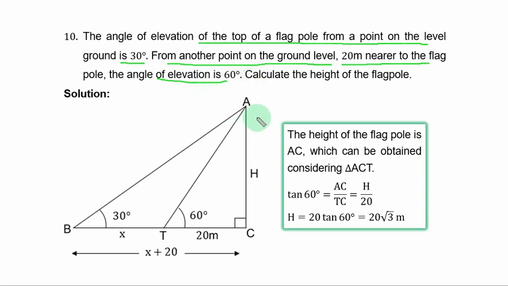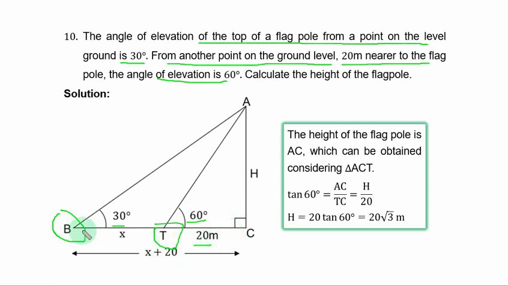Solution: the flagpole is AC. This is the first point whose angle of elevation is 30 degrees. We have another point nearer to the flag. That point is T. The angle of elevation of that point is 60 degrees, and that point is nearer to the flag by 20 meters.